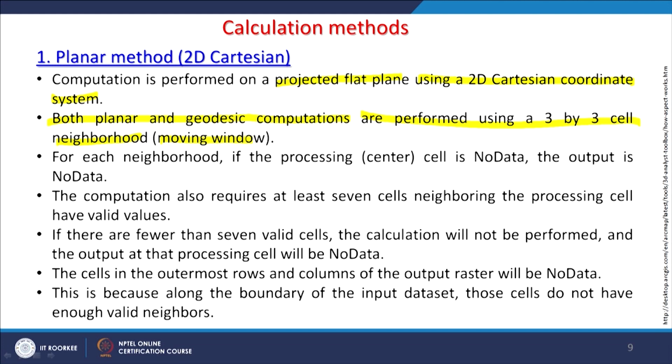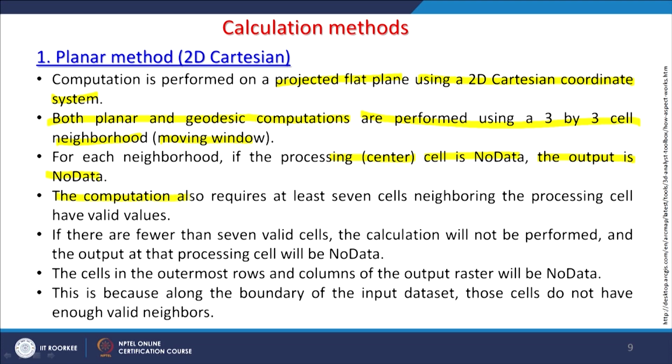Now, for each neighborhood of those 8, if the processing cell, the center cell, is no data, the same condition as in slope calculation, the output will also be no data. So, if the input is no data, the output would also be no data.